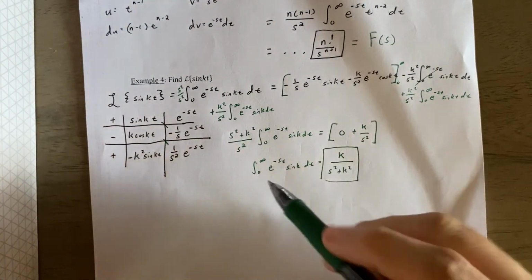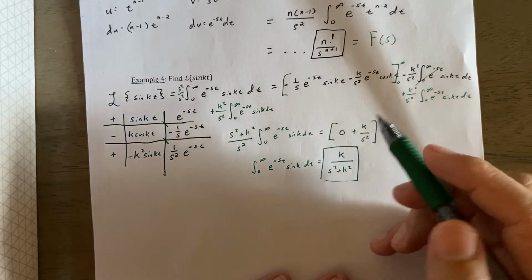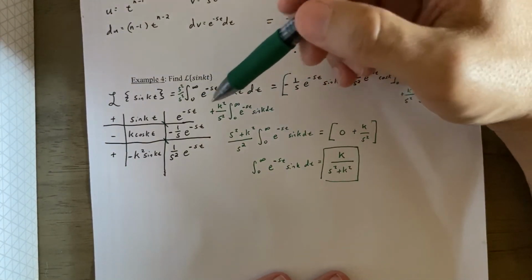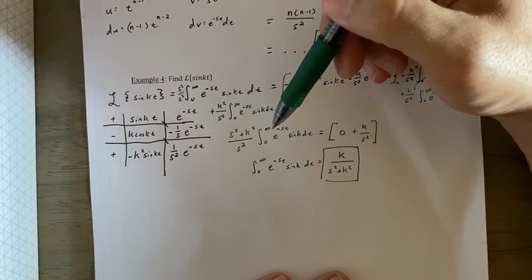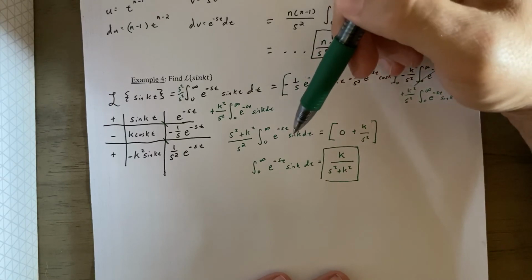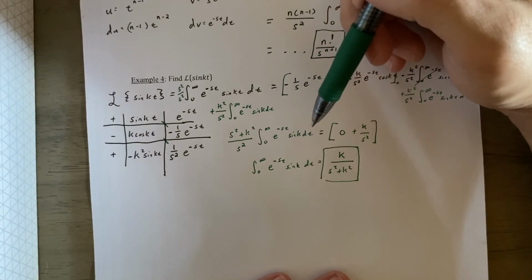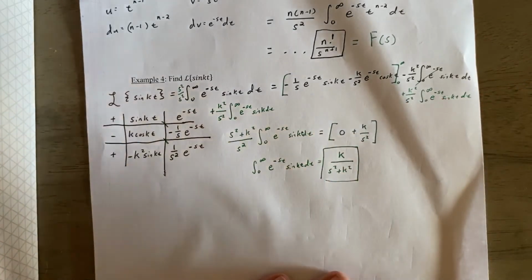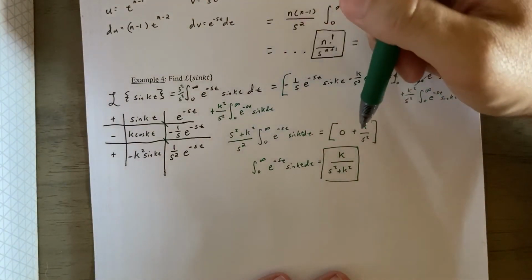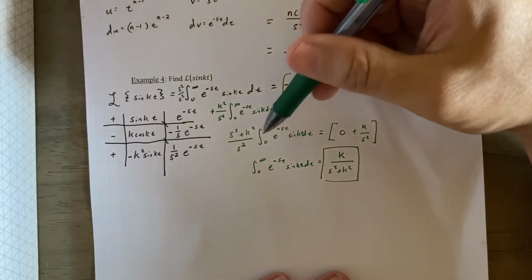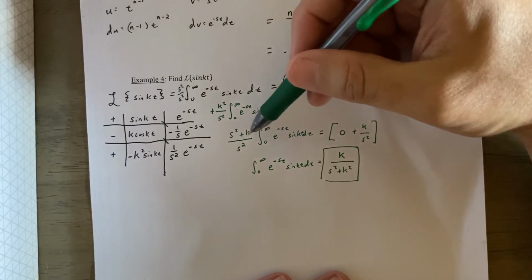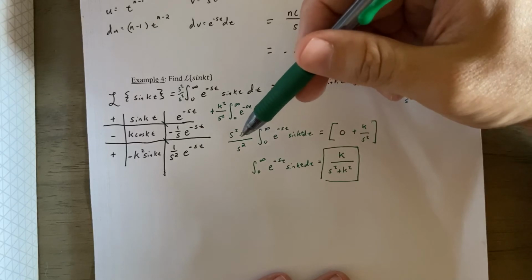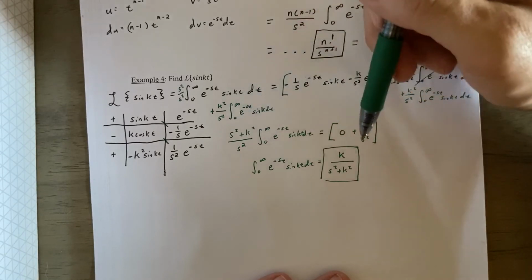Now the left-hand side equals the right-hand side. What I want to find is the integral from 0 to infinity of e to the negative st times sine of kt dt. To do this, I have to divide both sides, so I multiply by s squared over s squared plus k squared.